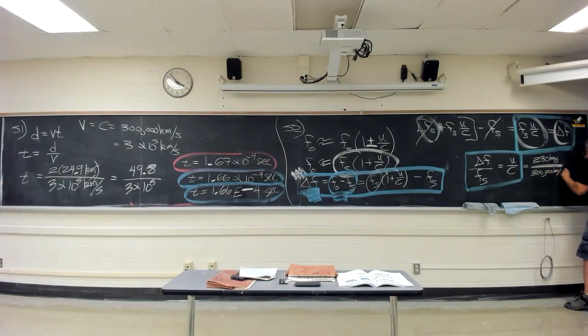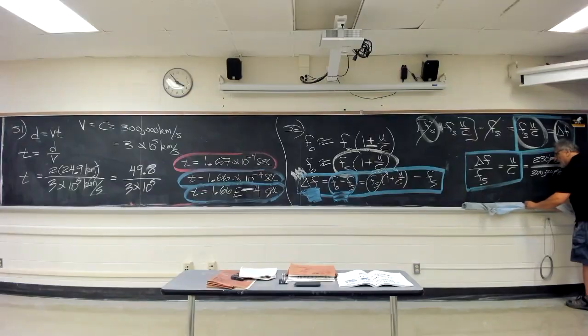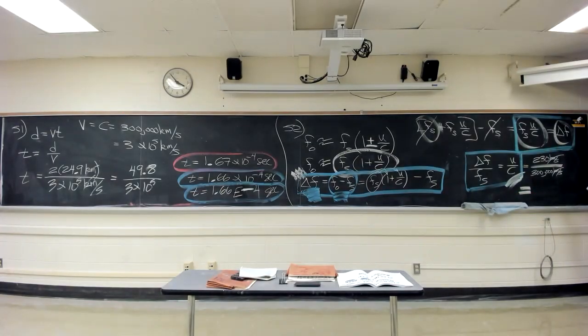I could have converted everything to meters per second, but if I'm comfortable with what c is in kilometers per second, and I'm comfortable with what u is, we're okay. At the end of the day, what does that come out to?